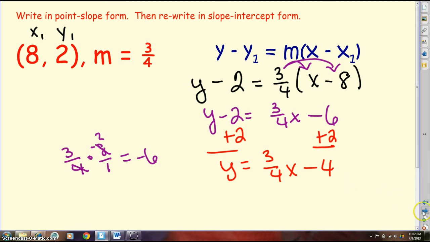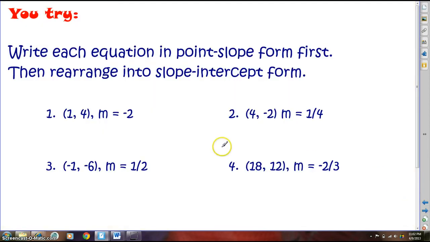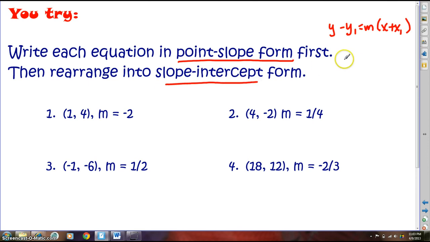Alright, now what you're going to do is start with these 4 points. You're going to put them in the boxes on your notes. You're going to start by writing them in point-slope form first, and then we are going to solve and turn them into slope-intercept.